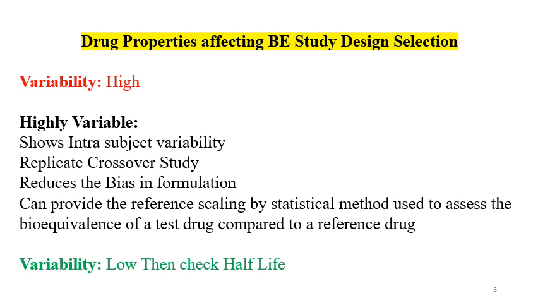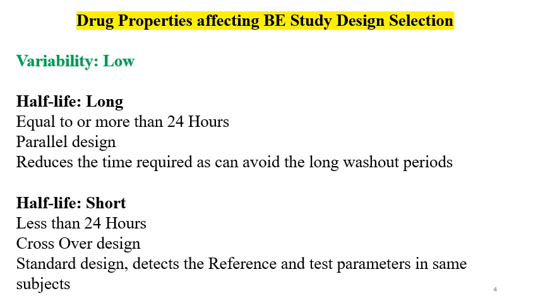So half-life may be long or short. This time variability will be low, but half-life may be long or short. If the half-life is long, that means more than 24 hours, then go for parallel design.